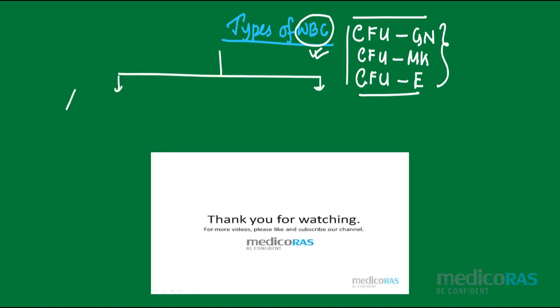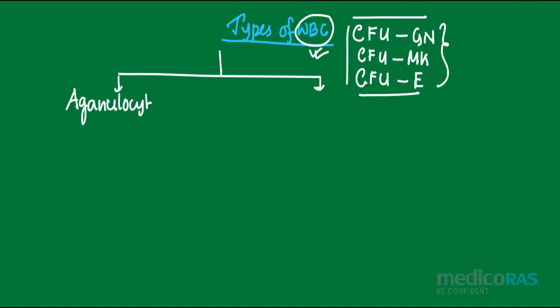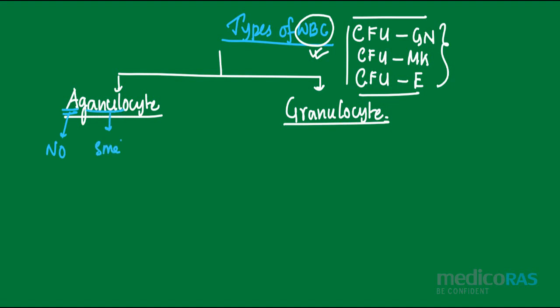One is known as agranulocyte and the other is known as granulocyte. In agranulocyte, A means no, and granule means small particles, in simple language like a sand kind of particle, and cyte means cell.